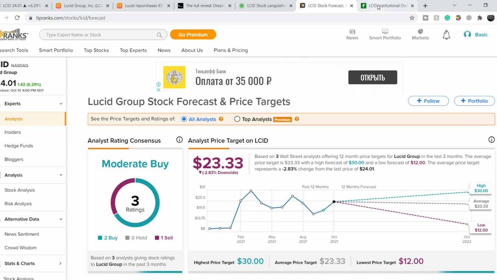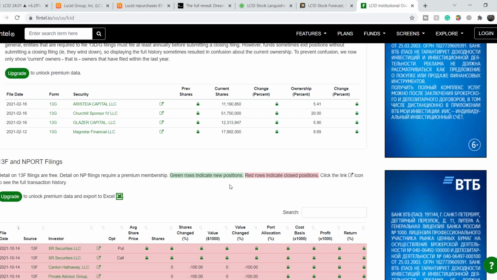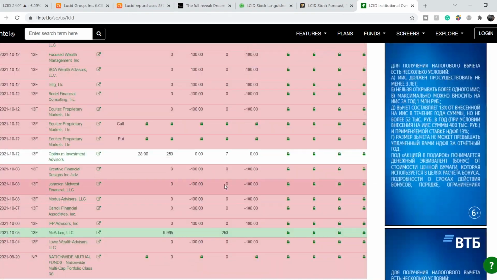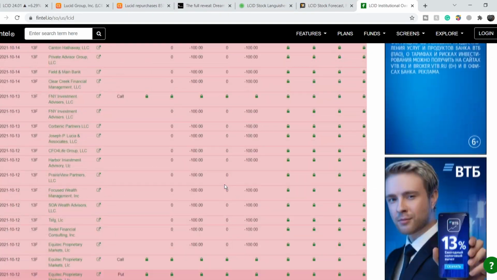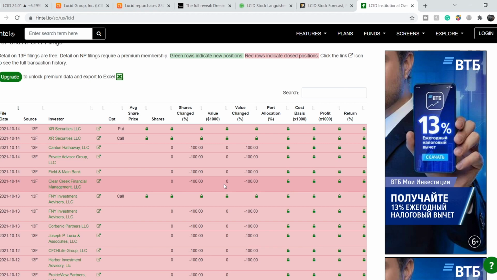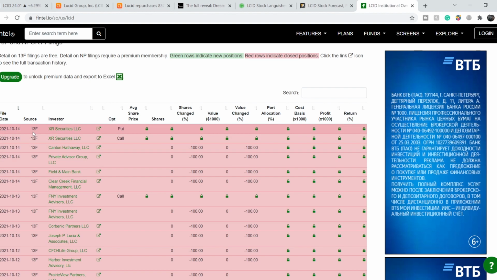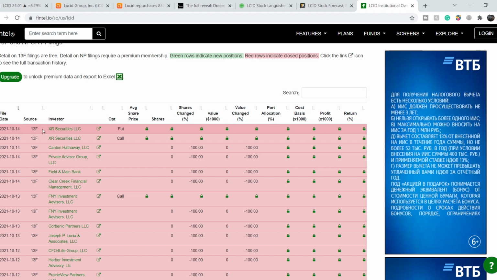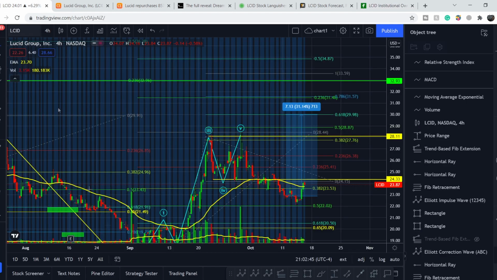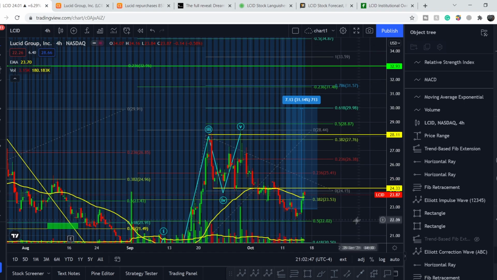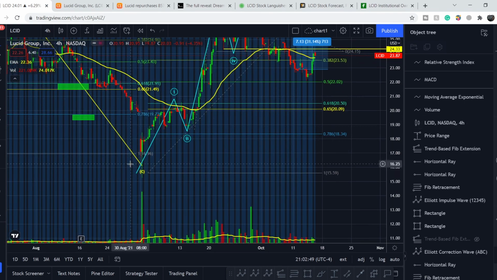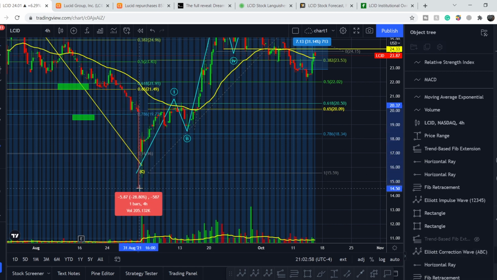And let me show you institutional owners. And this list shows us very bearish sentiment. But this is only at first glance, and let me explain. 13F filings have a delay of about 45 days. And let me show you here that 45 days ago we had this massive sell-off at the end of the lockup period, and we had this massive price action to the downside of more than 26%.